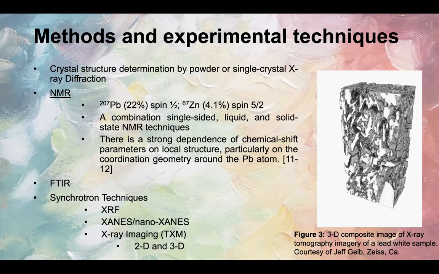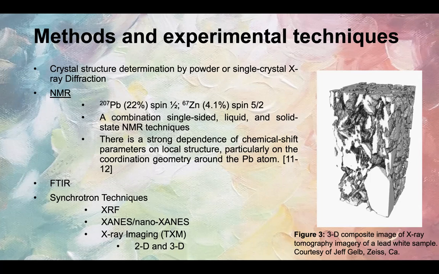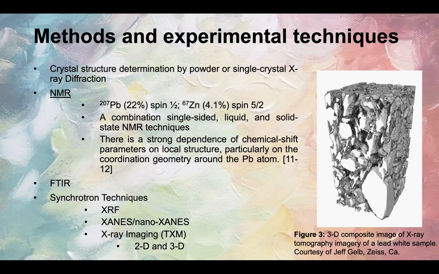My predecessors did a lot of work in lead 207 NMR. My project focuses a lot on zinc 67 NMR. We also use proton and carbon 13 NMR as well to learn about as much of the soaps as we can.